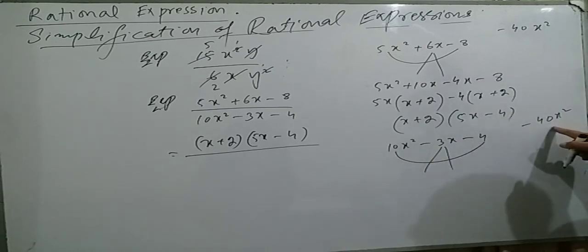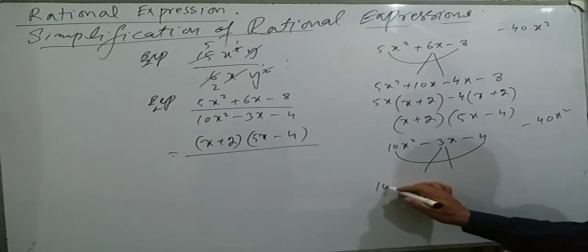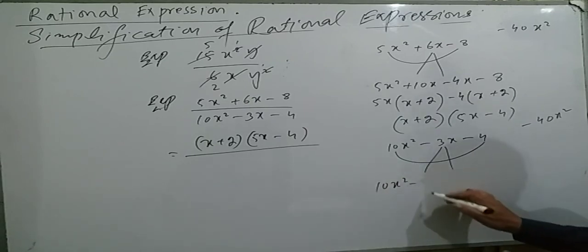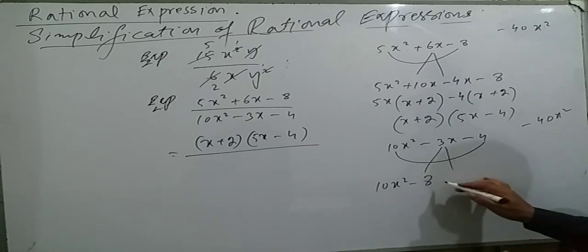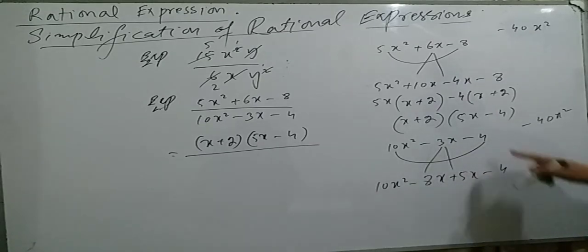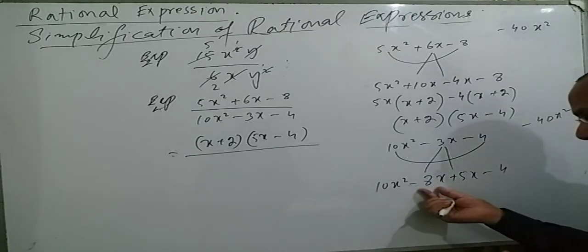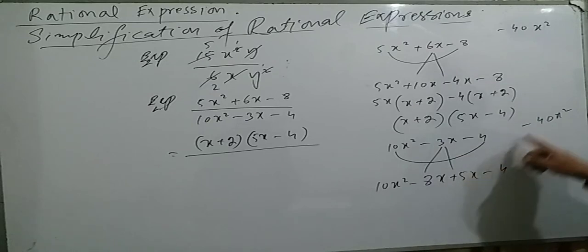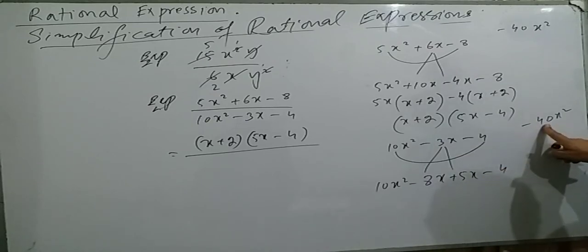The multiplication should give you minus 40x square. So 10x square will remain unchanged, and minus 8x plus 5x and minus 4. Minus 4 will remain unchanged. Minus 8 plus 5 is minus 3. And minus 8 multiplied by plus 5 gives minus 40x square.